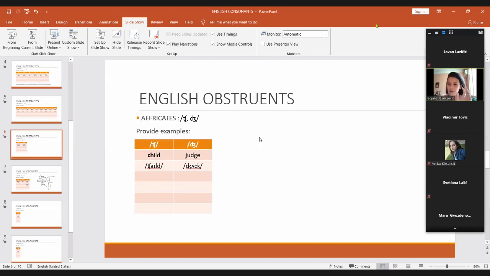So you have both complete closure, which is typical of plosives, but this obstacle is not removed suddenly. There is no explosion or anything like that, but slowly. And again, you have that passage and this friction part. And this is why they say that they are complex, or a combination of a plosive and a fricative.